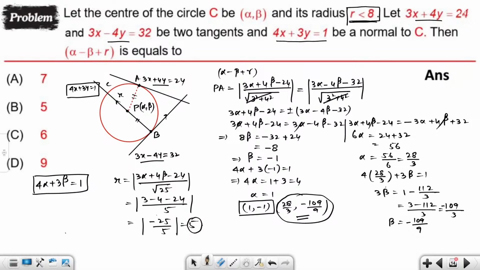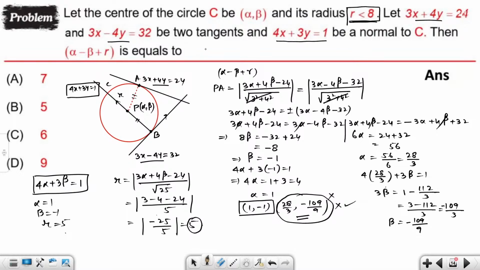Are you getting my point? So I'm not checking with this. You can check this at home. You will definitely get the radius of this circle more than 8. So this value is rejected. So we got alpha as 1, beta as minus 1, and the radius is 5.